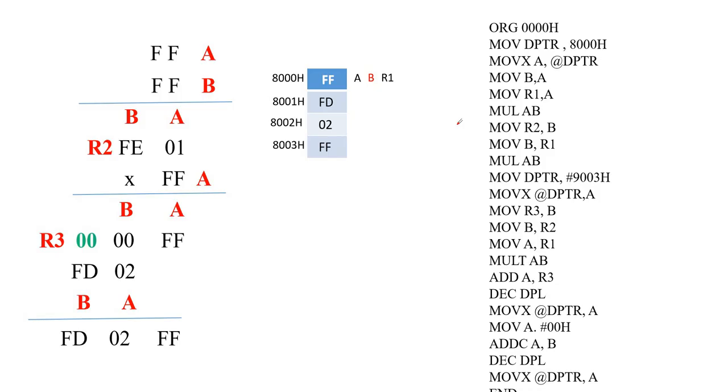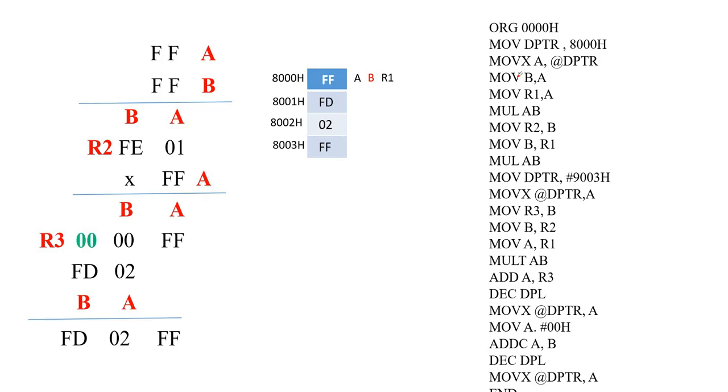Now we will take the content of this into the accumulator. So the content should be copied to the accumulator, and for that we have used MOVX A, @DPTR. Here we are using MOVX because it copies the data from the external memory.